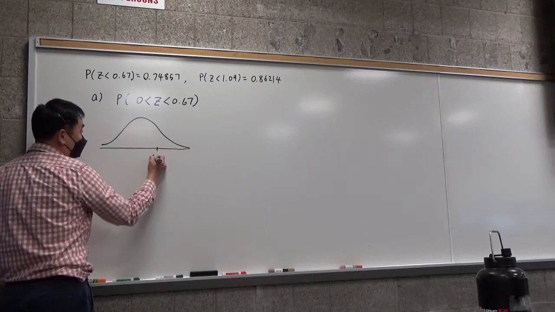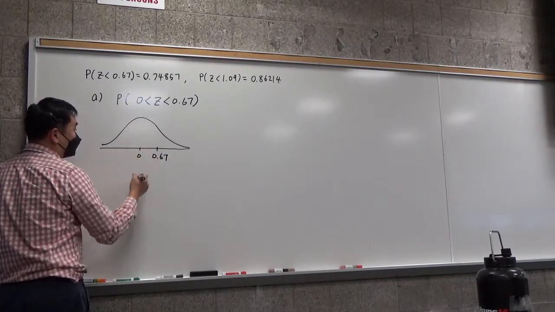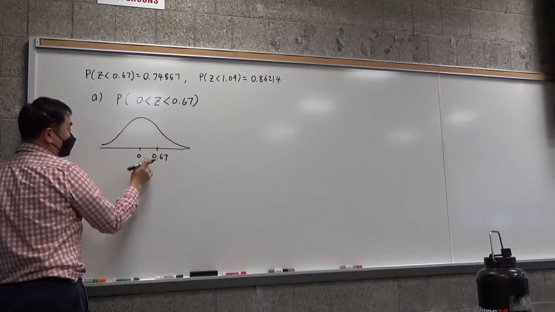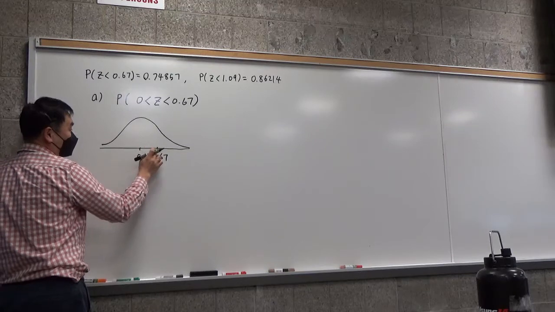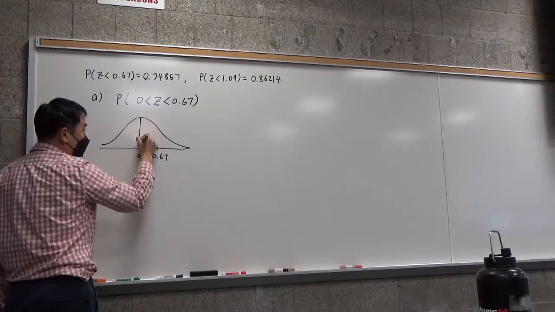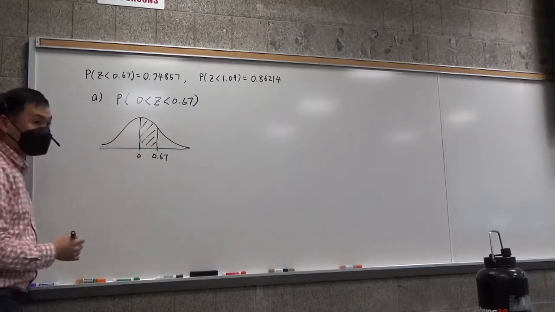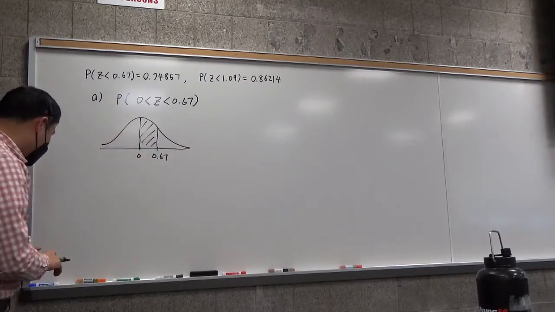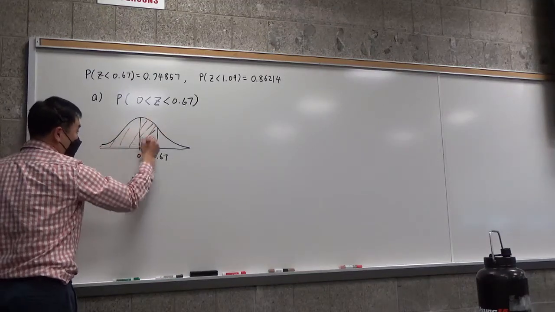And here is 0.67. And here is 0. And the probability of the random variable z to be between 0 to 0.67 corresponds to the area between these two. But look, we already know the area from negative infinity until 0.67.